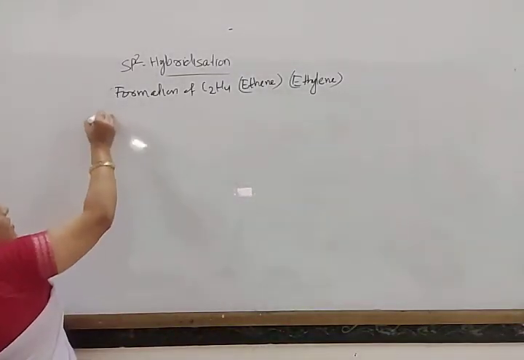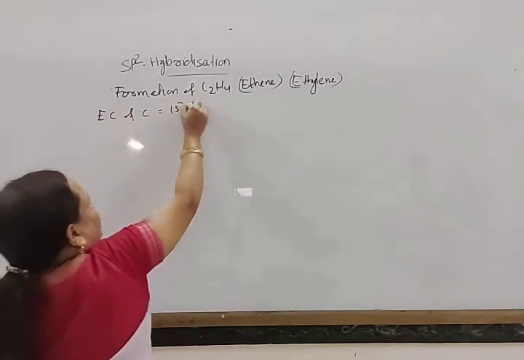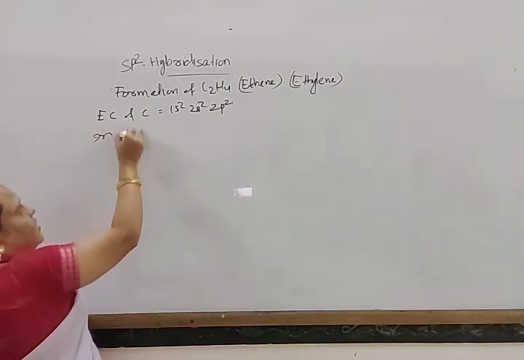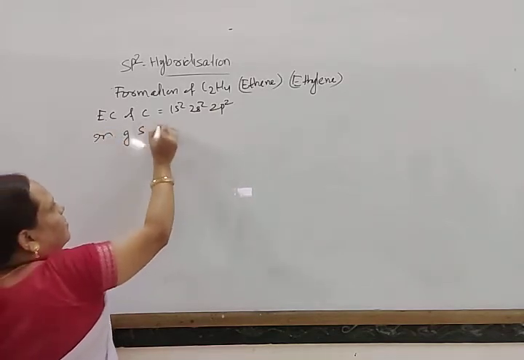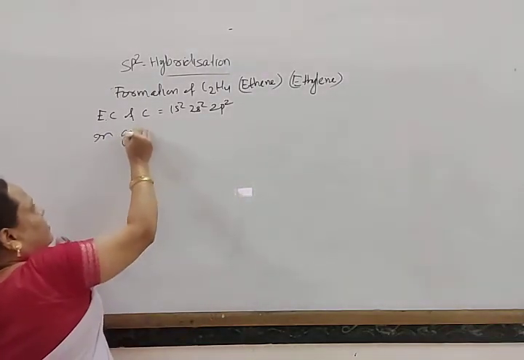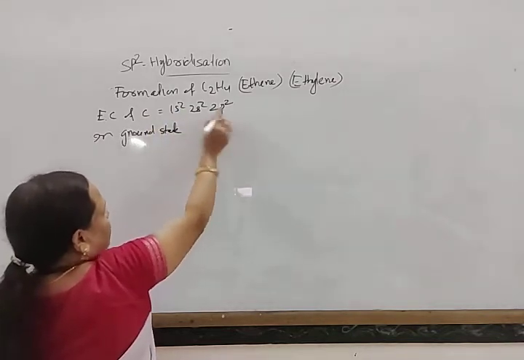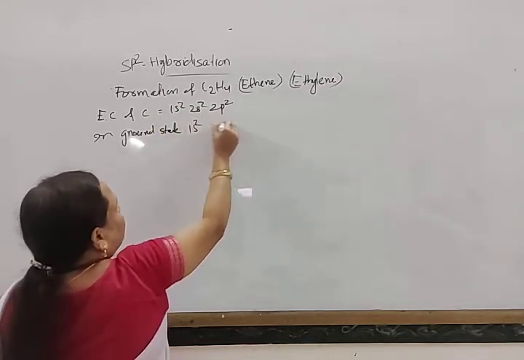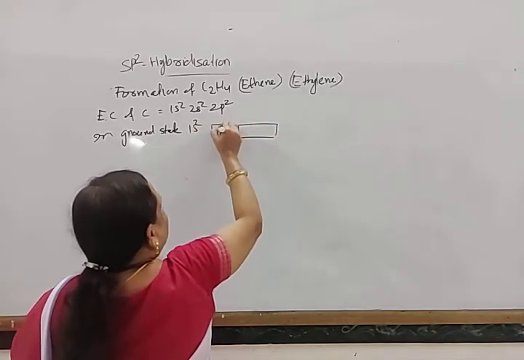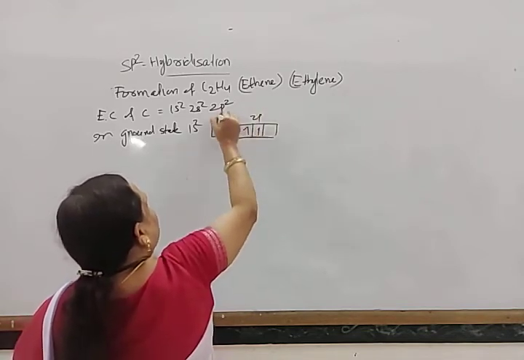First, the electronic configuration of carbon is 1s2, 2s2 and 2p2. In the ground state, the configuration is 1s2, 2s and 2p, so 2 electrons here and 2 electrons in 2p.